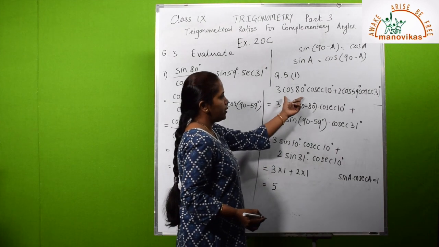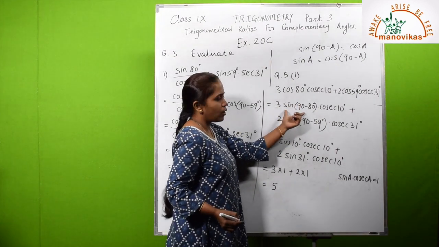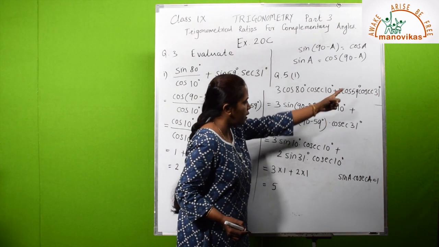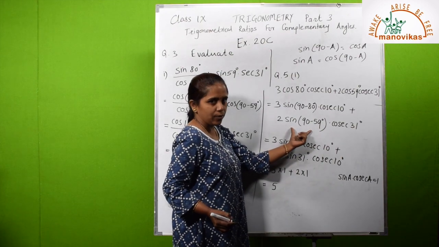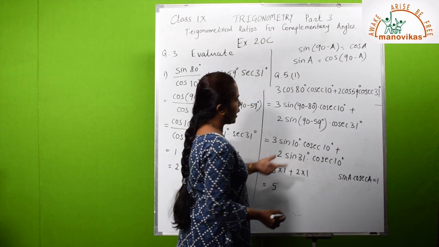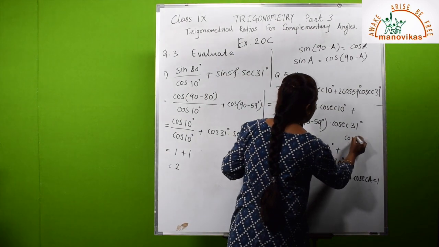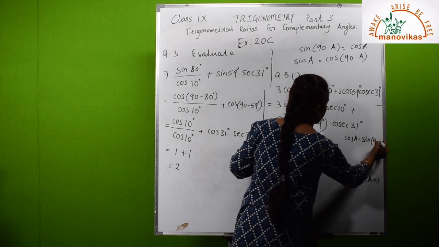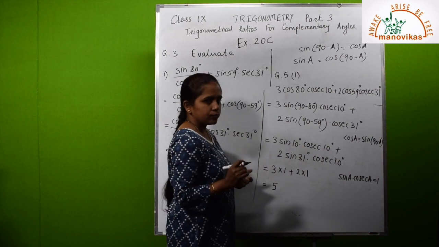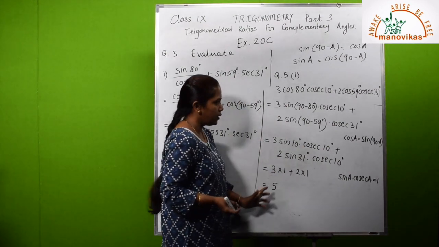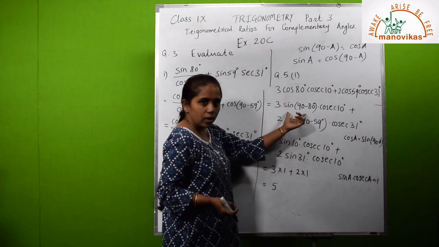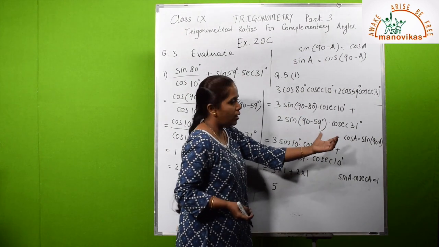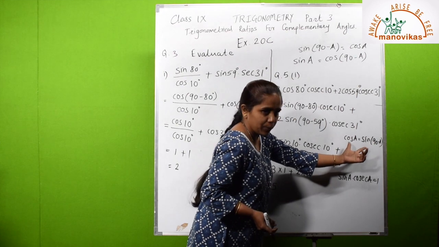Here we have changed cos 80 in terms of sin 90 minus 80 and cos 59 as sin 90 minus 59. Cos A, we use the formula cos A is sin 90 minus A. So whenever you are solving the sums, when you change the ratio, write down the formula, which formula we are using, in front of that step.